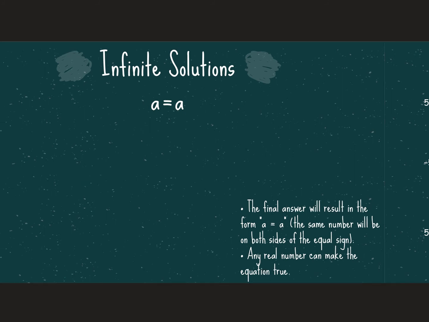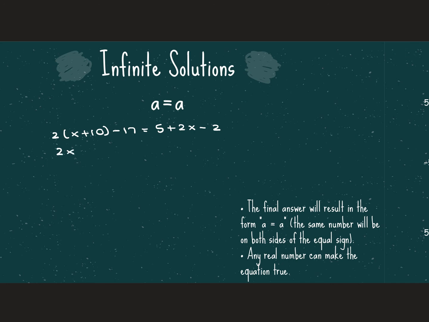All right, so we have 2 times x plus 10 minus 17 is equal to 5 plus 2x minus 2. All right, so again, we're going to distribute.